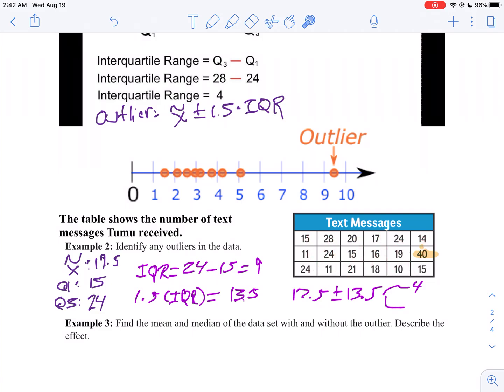No, you don't have any lower outliers. Now let's take 17.5 plus 13.5. Well, that would be 31. And notice 40 is bigger than 31. You don't have any other data points that are more than 31, so we only have one outlier.